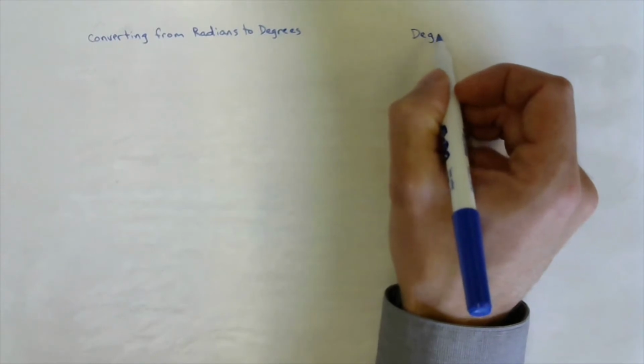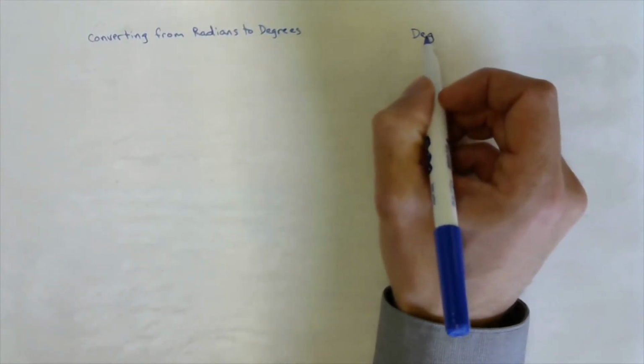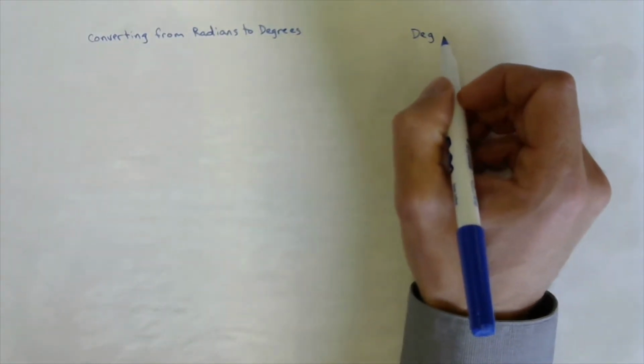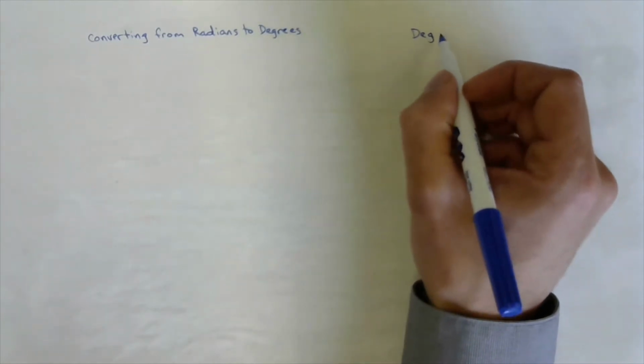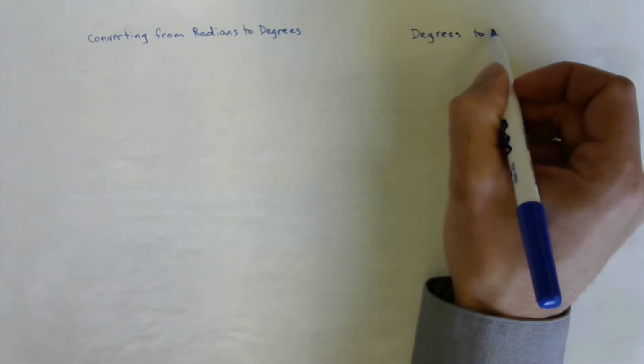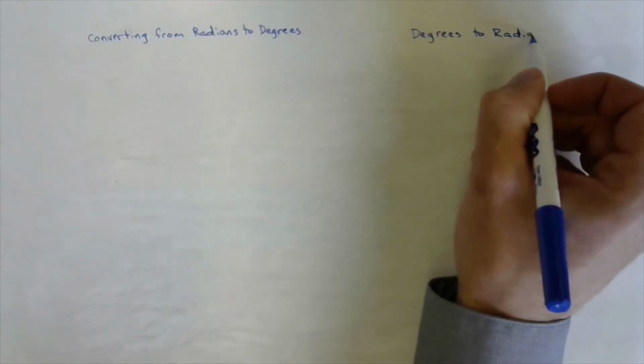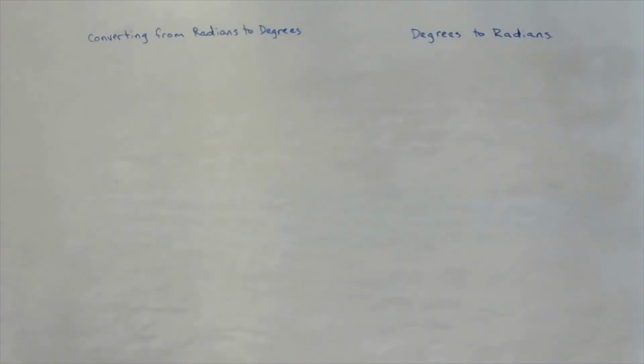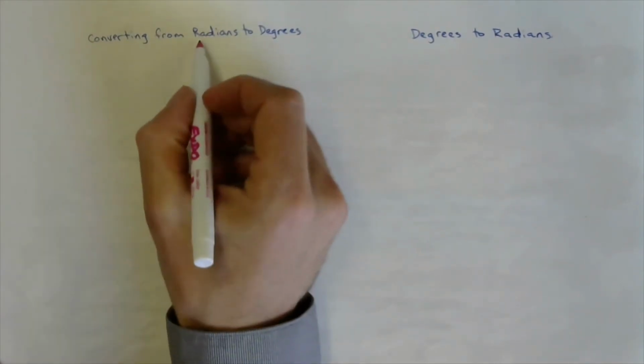It says converting between, but just change it to say degrees to radians.